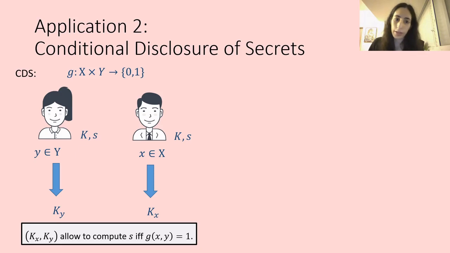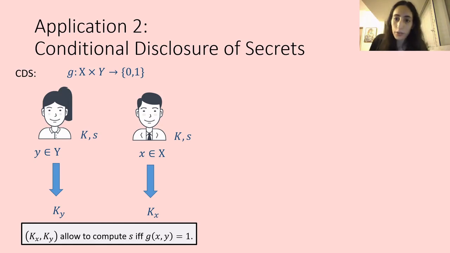So Bob takes X, K, and S and computes K sub X, and similarly Alice takes K, S, and Y and computes K sub Y. And now I'm being not very formal, but we want to have the following property, that given Kx and Ky, if G of xy equals 1, then it is possible to reconstruct the secret S. But if G of x and y equals 0, then S looks as if it was distributed uniformly, even if you can see Kx and Ky.